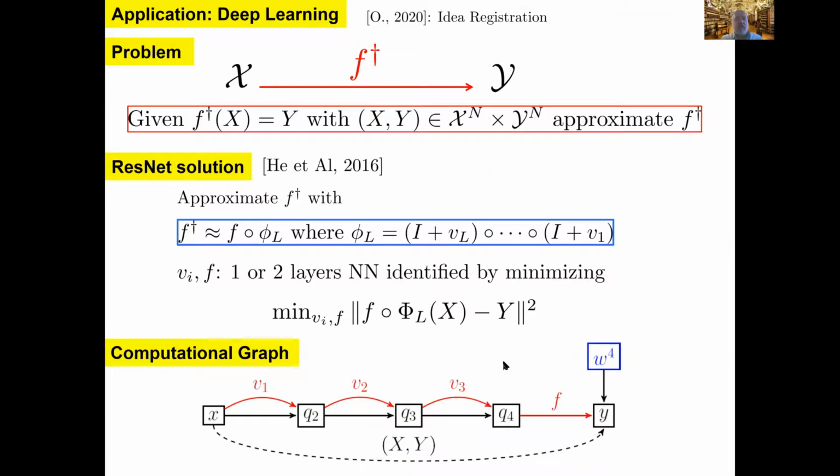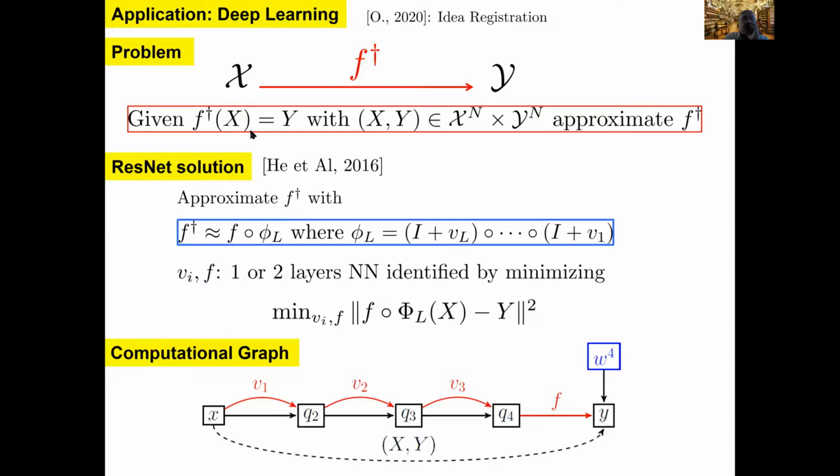I will now illustrate this point for ResNets in the setting of the following supervised learning problem, in which you seek to approximate an unknown function f dagger given some input-output training data on that function.